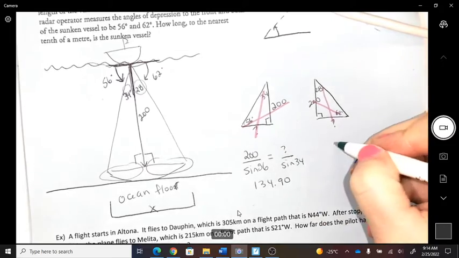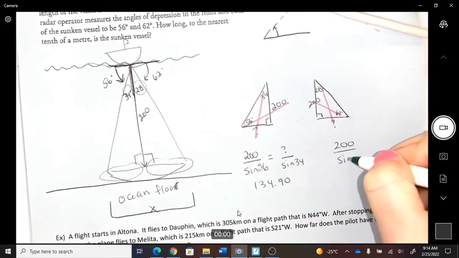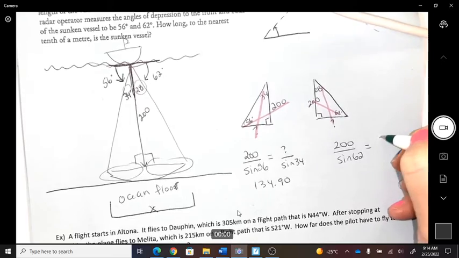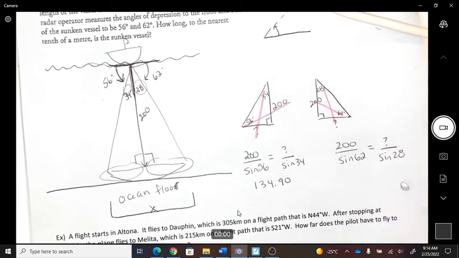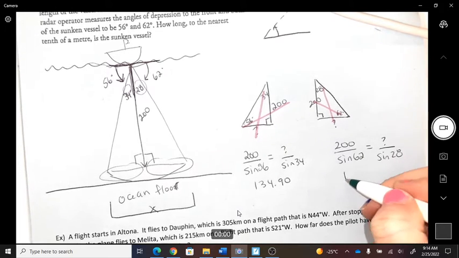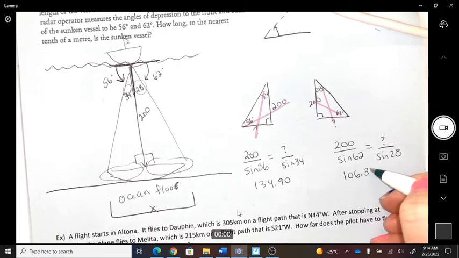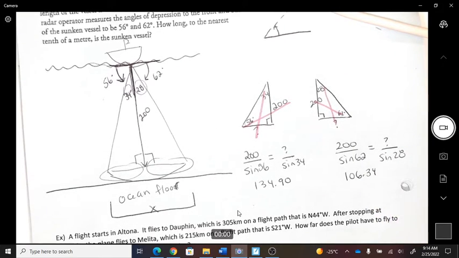So 200 over sine 62 equals something over sine 28. And this one I got 106.34.